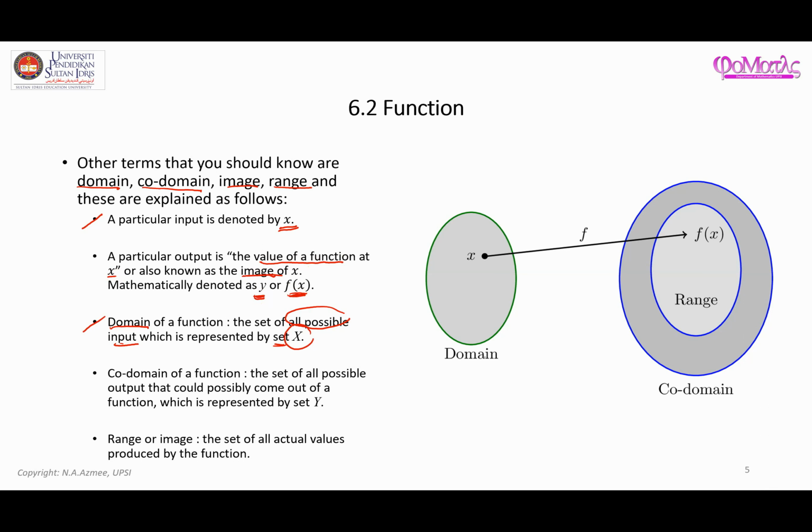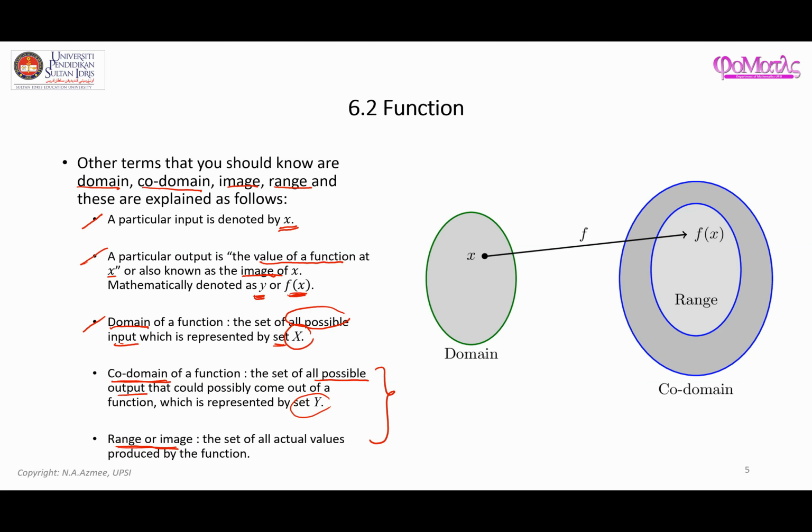When you talk about the set of all possible output, there are two slightly different definitions for that. So the first one is codomain of a function. Codomain of a function means you have the set of all possible output that could possibly come out of a function, which is represented by set Y. But another definition is for range or image.